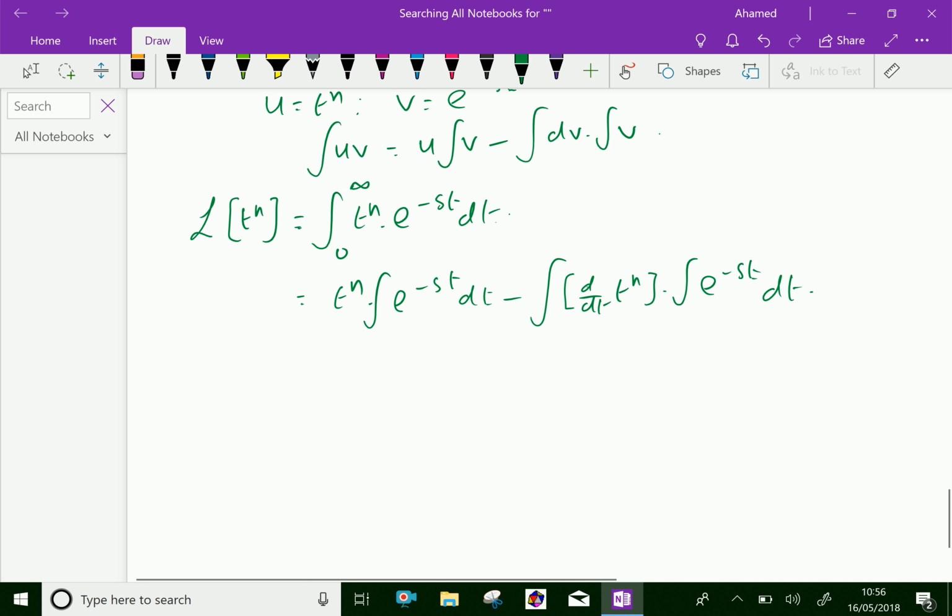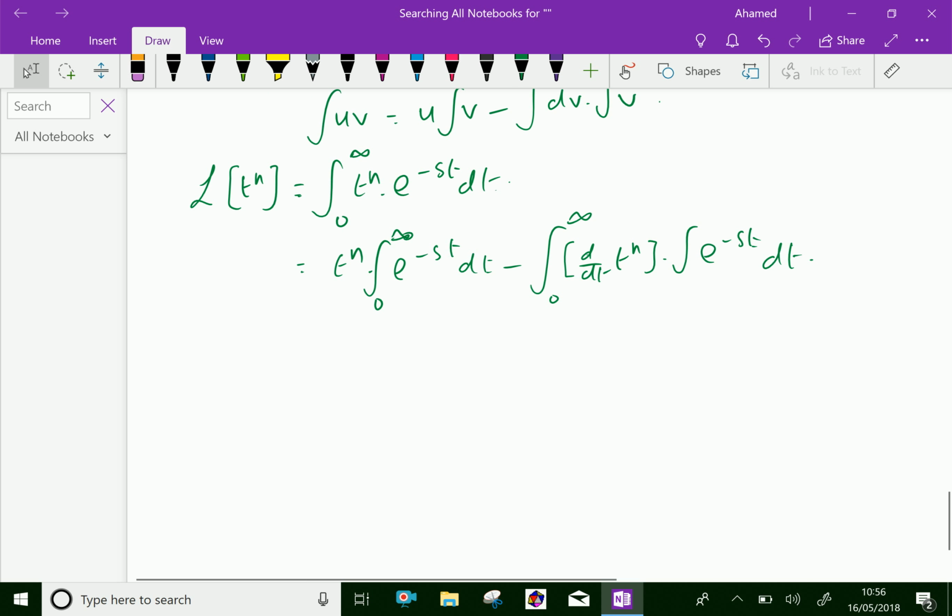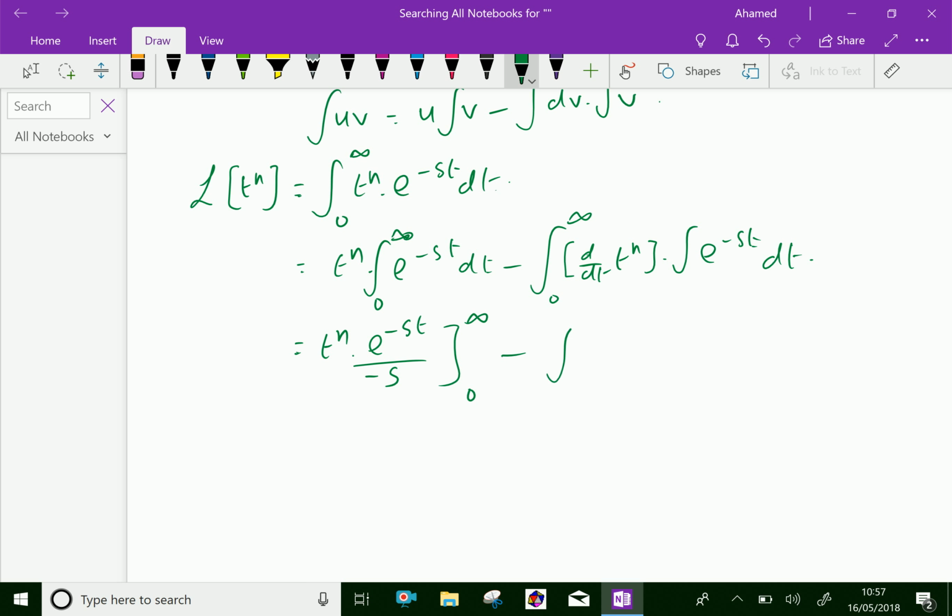Now put the limits 0 to infinity, here also 0 to infinity. The integral of e power minus st is e power minus st over minus s, with the limits 0 to infinity, minus the integral from 0 to infinity.